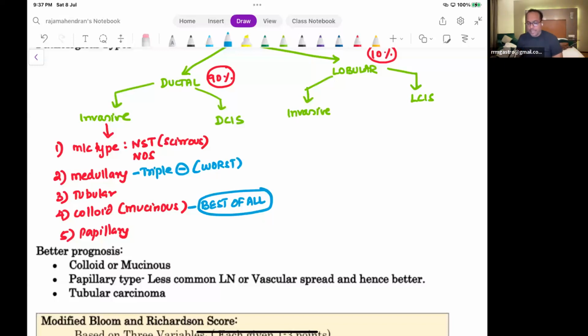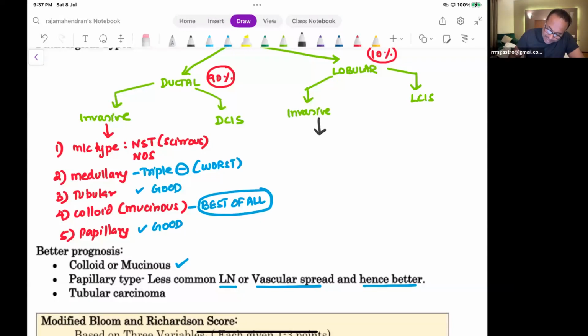Tubular also has good prognosis. Papillary also has good prognosis, as it has less common lymph node spread and vascular spread and hence better prognosis. But anyhow, the overall best is colloid or mucinous. So all these are the various types of invasive cancers.